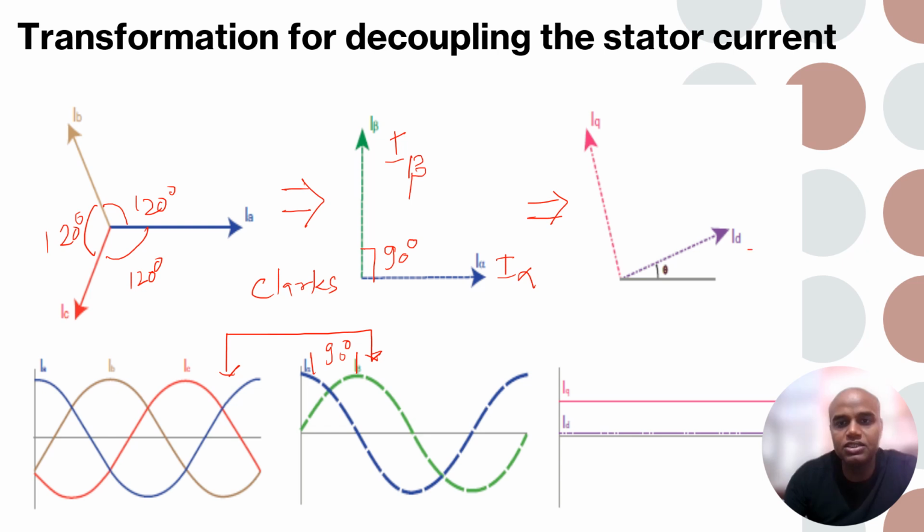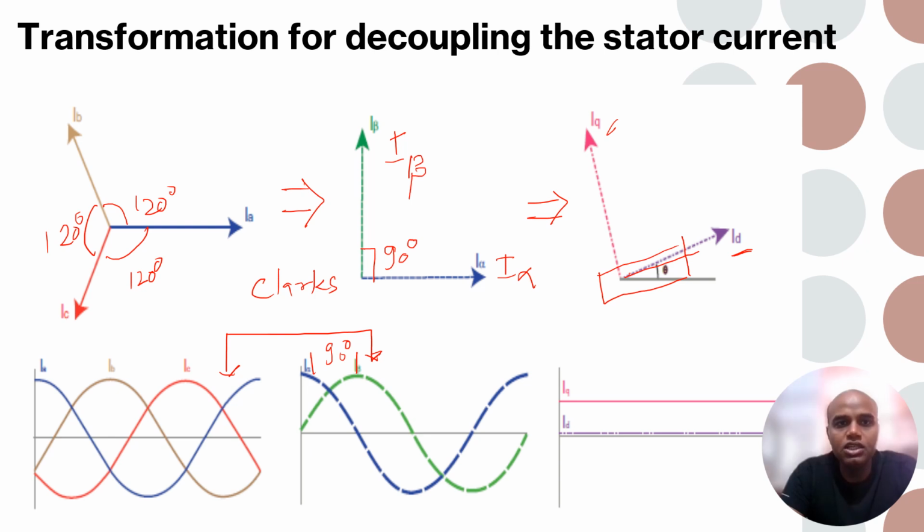Here it is shown that this is the direct axis component and this is the quadrature axis component. The direct axis is placed along my pole. So if this is my pole, the direct axis will be along the pole itself, whereas the quadrature axis component is 90 degrees to my direct axis.